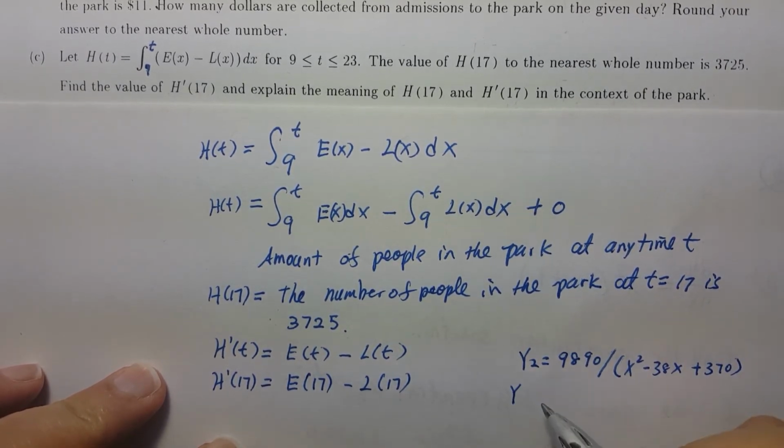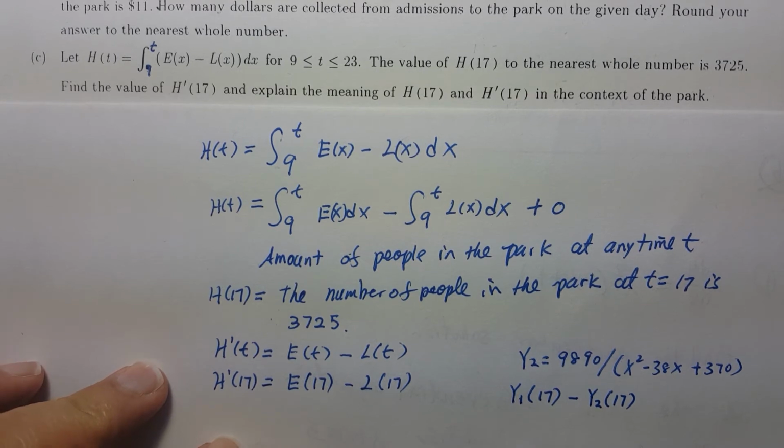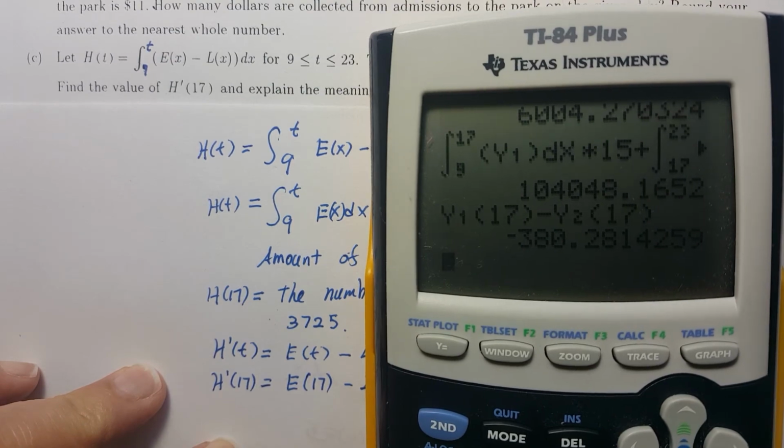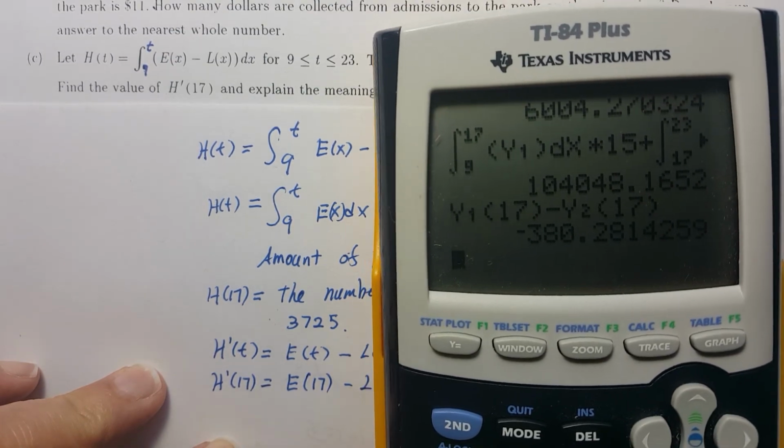I'm going to use my calculator, y1 of 17 minus y2 of 17, and then you get the number. So I will get negative 380.2814.